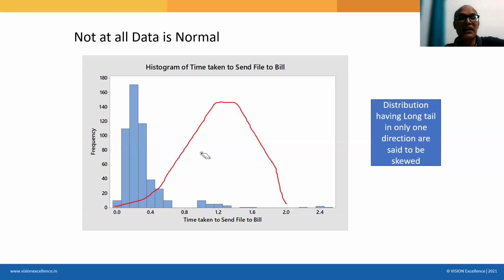Especially at the lower level, in associates and all, you will find that many people are leaving in the early stage, but some people who stayed will stay for a long time. That kind of situation generally comes in negatively skewed data, right? So this is typically called negatively skewed data. Some example like this, right?